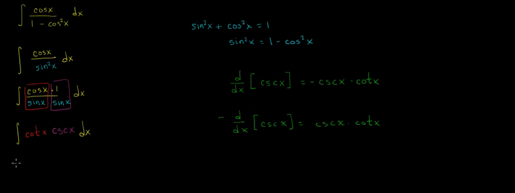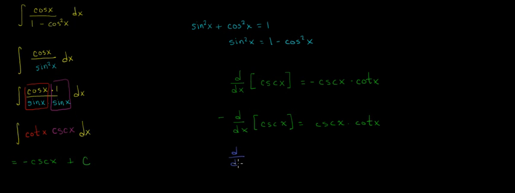So this ends up just being equal to negative cosecant of x, and then we have to tag on this plus c, our constant. Now, if we work backwards just to check our work here, and I'll do this in a brighter color.